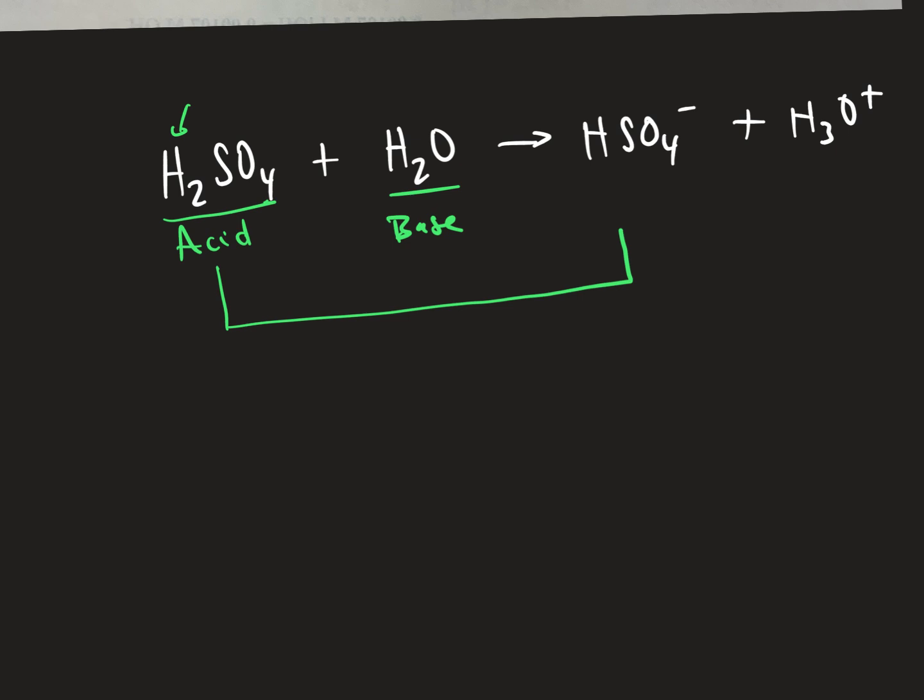That one or this one? First one. Right? And what's different? It lost a hydrogen ion. That means it donated a proton, or donated a hydrogen ion. So that's the acid.